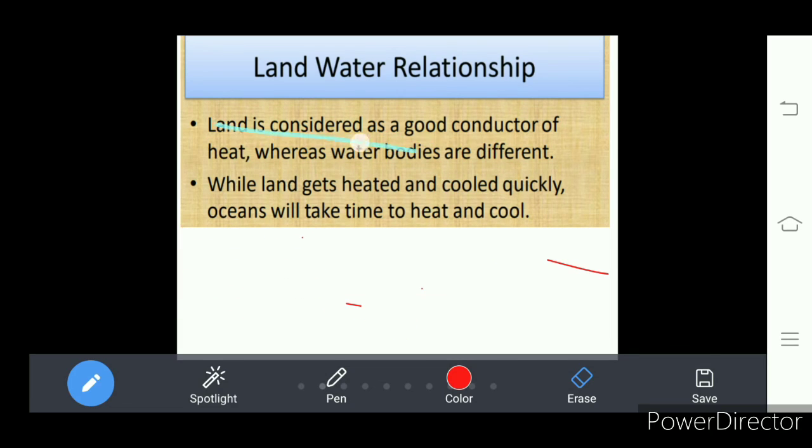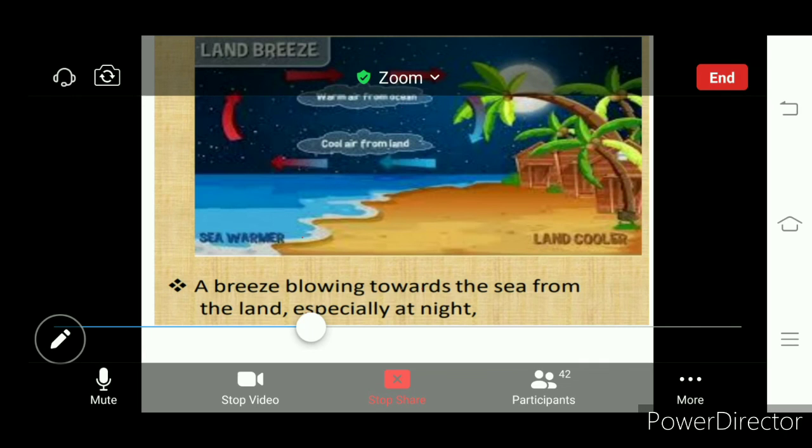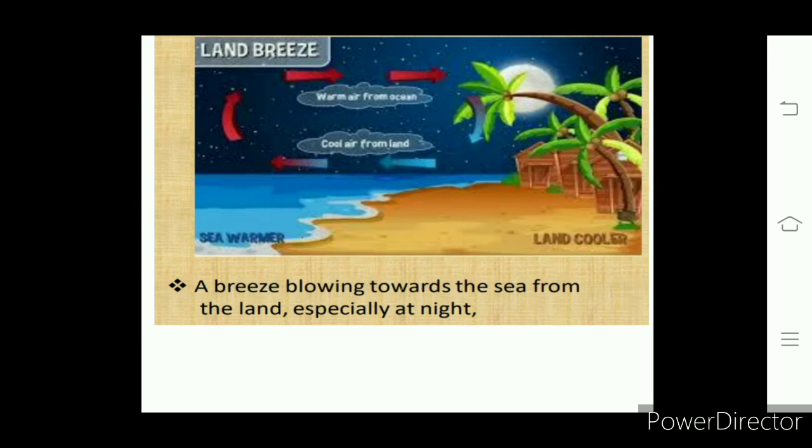land breezes and sea breezes. What do you mean by land breeze and sea breeze? Look here. A breeze blowing towards the sea from the land is called a land breeze.